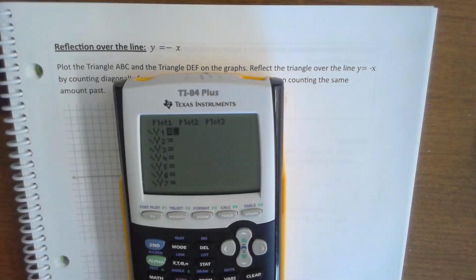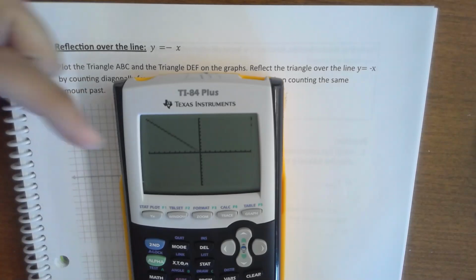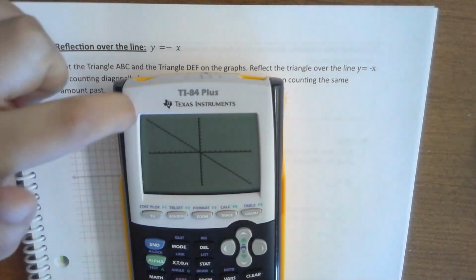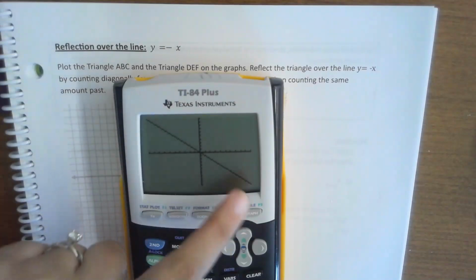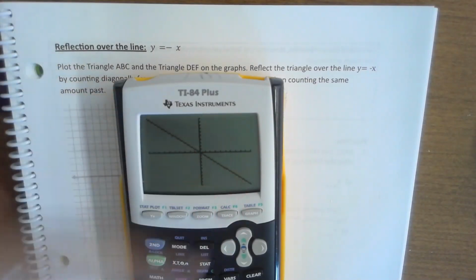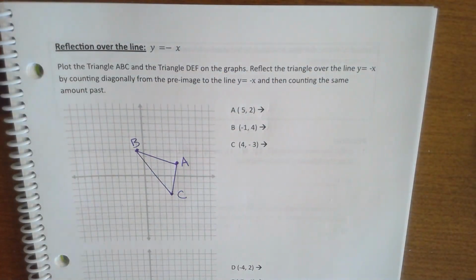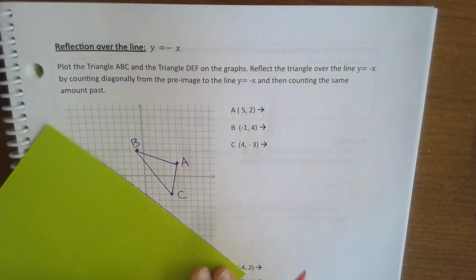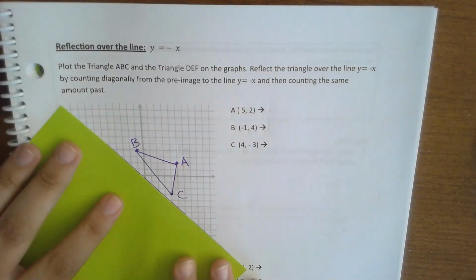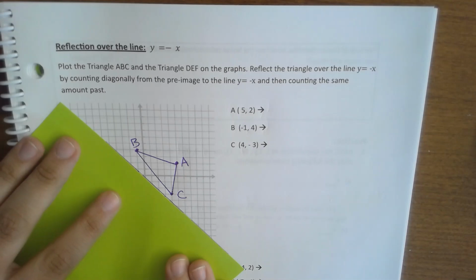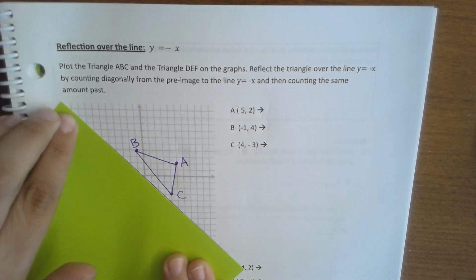I go to my y equals negative x graph. This is going to have a negative slope, start high and low from left to right. We're just going downhill through the corners of those boxes. Check right here, make sure it's in the corner.